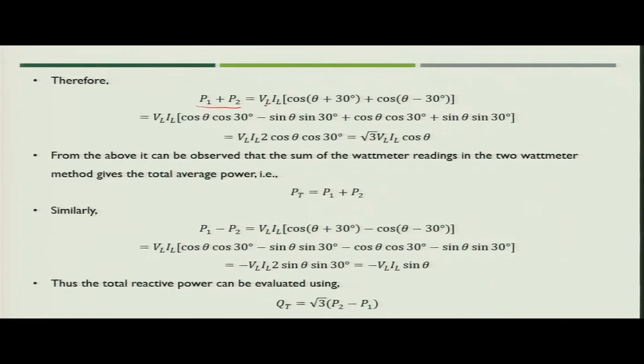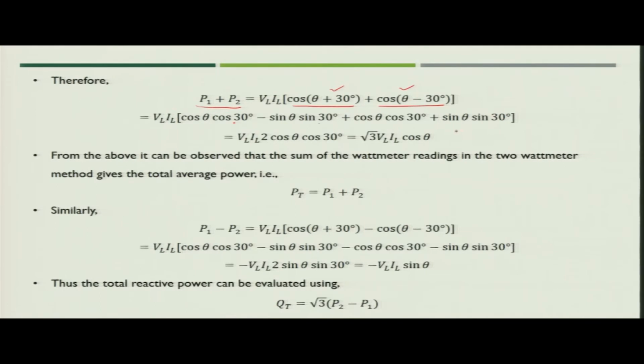If you rearrange, P1 plus P2 is VL IL times [cos(theta plus 30) plus cos(theta minus 30)]. Now, we expand these two with the trigonometric identities we just saw. Cos(theta plus 30) will be cos theta cos 30 minus sin theta sin 30, and cos(theta minus 30) will become cos theta cos 30 plus sin theta sin 30.